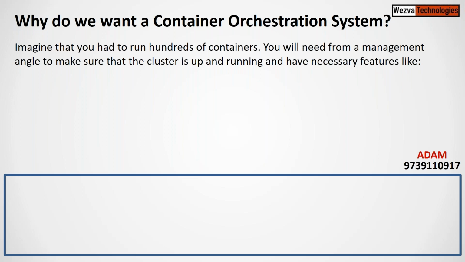Okay, so when does orchestration come into the picture? Whenever we are going to have multiple machines, each of which has a separate Docker daemon running, and when you want to collaboratively manage all these machines, then what we need is orchestration.